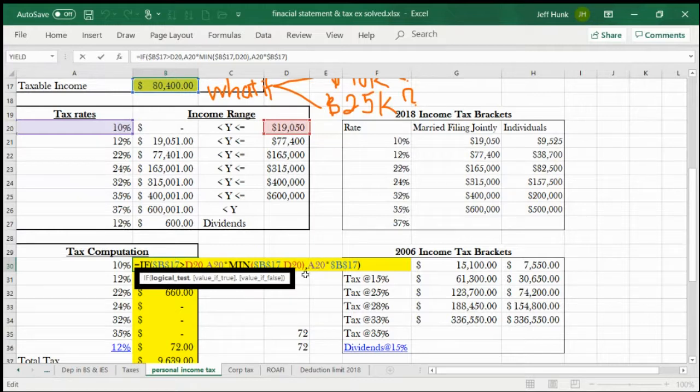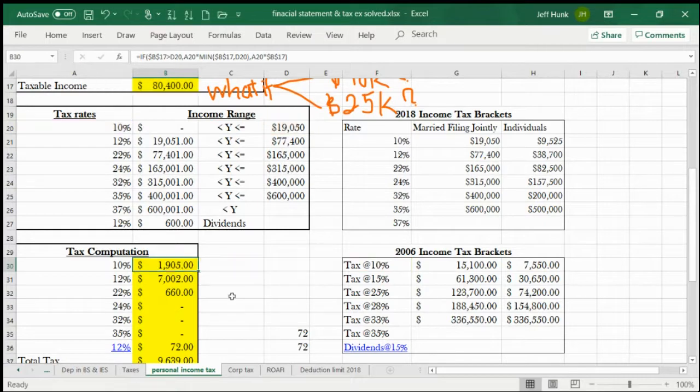Otherwise means, if that's not the case, then simply multiply 10% to B17. But this is not going to happen, because B17 is greater than D20. This condition is already met. Excel will pick this, because Excel compares these two, and therefore hit enter, and then 10% is 10% of this, automatically.